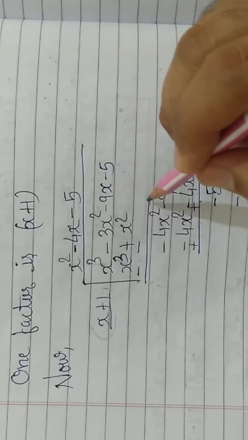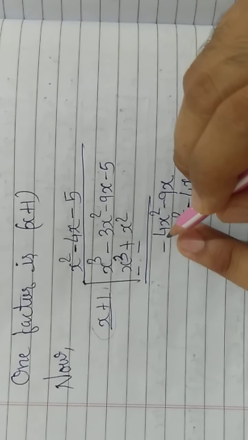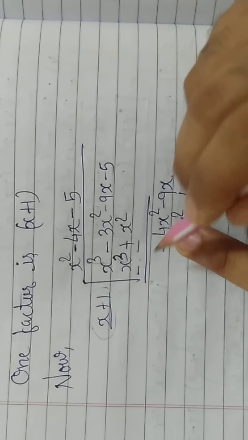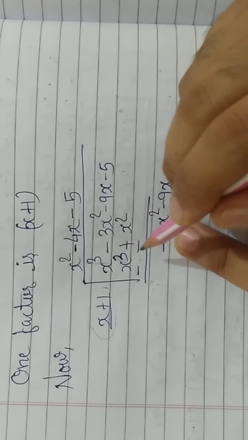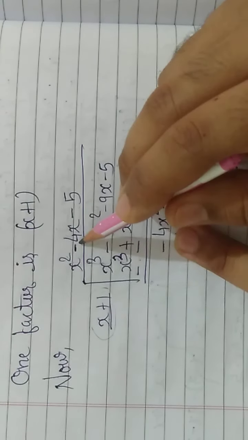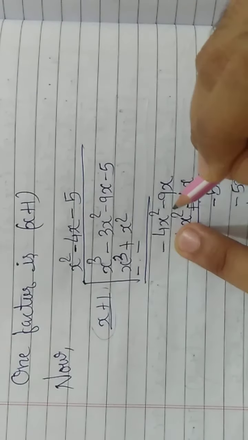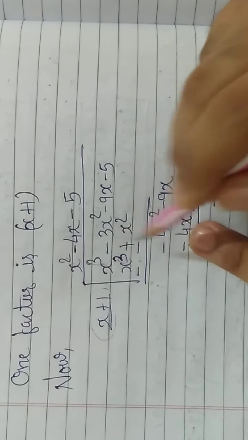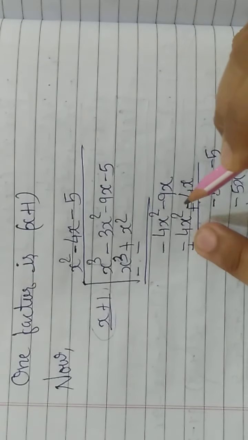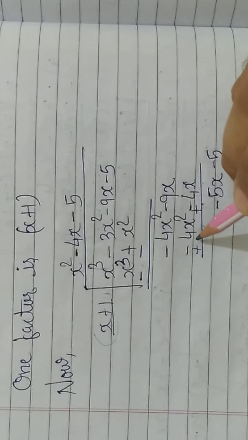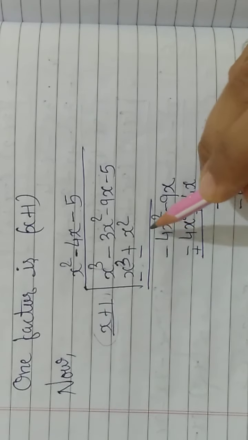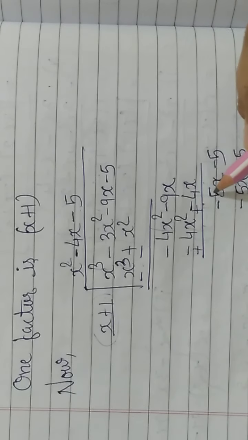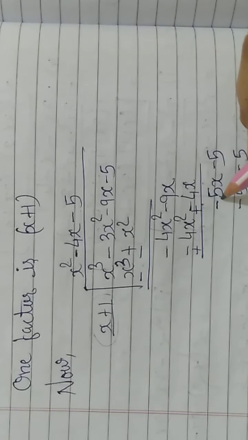And from above, minus 9x comes down. Now we want minus 4x square, so we multiply x by minus 4x, so minus 4x square, and 1 multiplied by minus 4x gives minus 4x. Now subtraction, so change the signs, 4x square cancels, minus 9x plus 4x is minus 5x. Now we have to cancel this 5x.